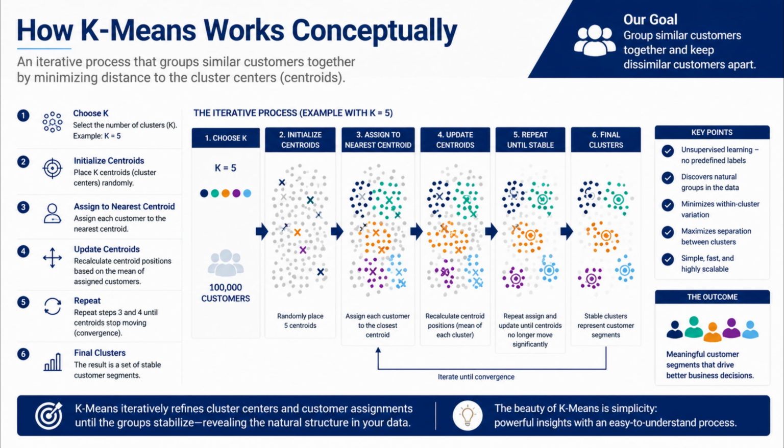This process repeats until the groups stabilize. The result is a set of customer segments based on similarity. In practical terms, the algorithm continuously improves its understanding of the data until each customer belongs to the group that best reflects its characteristics. The final clusters represent the natural structure hidden within the dataset.